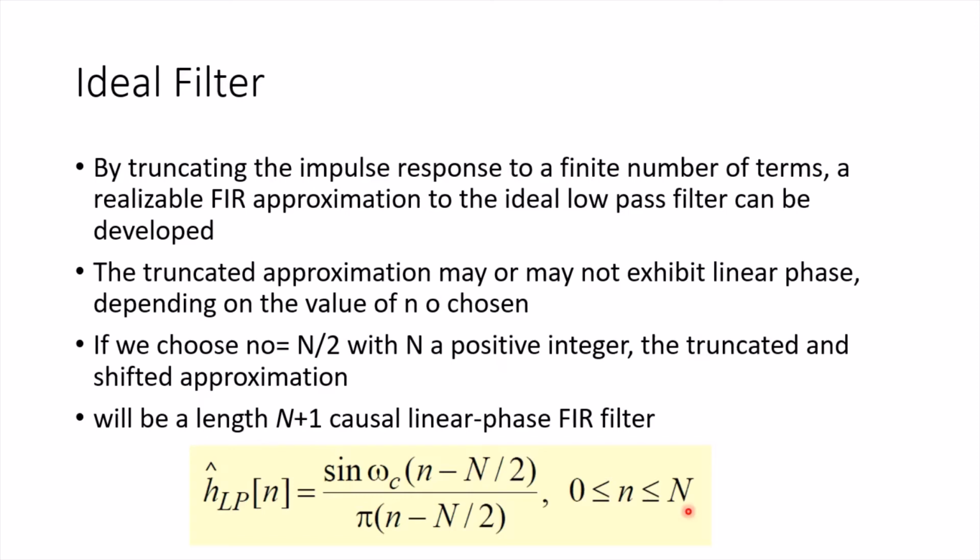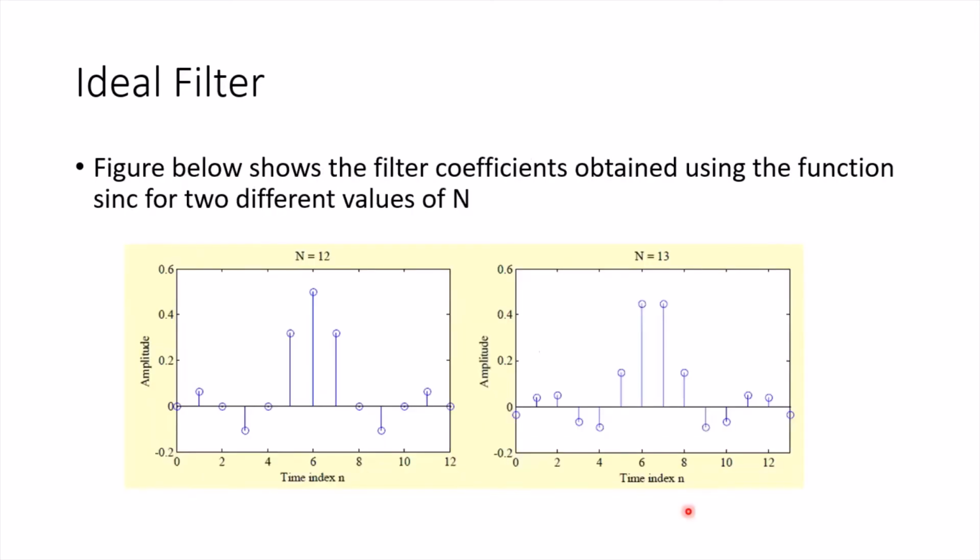If our impulse response is symmetrical, it will exhibit linear phase. We only shift by N/2. For this case, N/2 is 6, and we truncate the impulse response from 0 to 12. That will remain a symmetrical impulse response, and it exhibits linear phase.